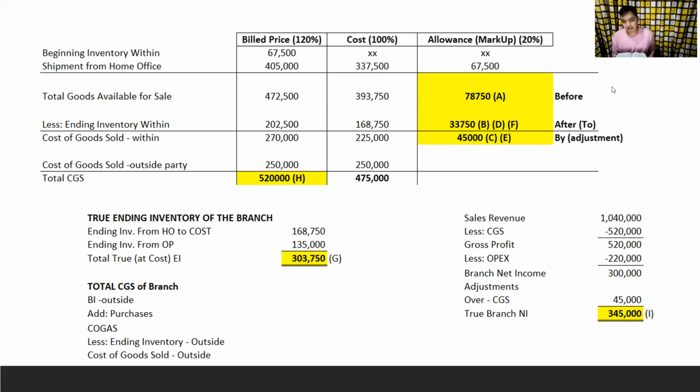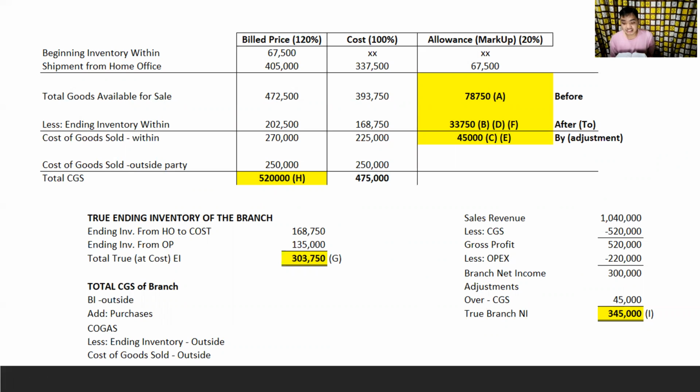And last, the true branch income. Again, how much is the sales revenue? 1,040,000. That is the sales less cost of goods sold of 520,000. How do we get 520,000? Here in the total cost of goods sold. Next, that is the gross profit less OPEX given 220,000.